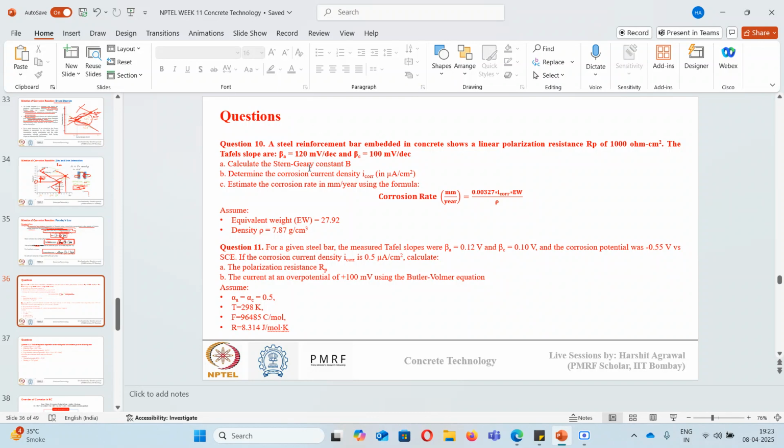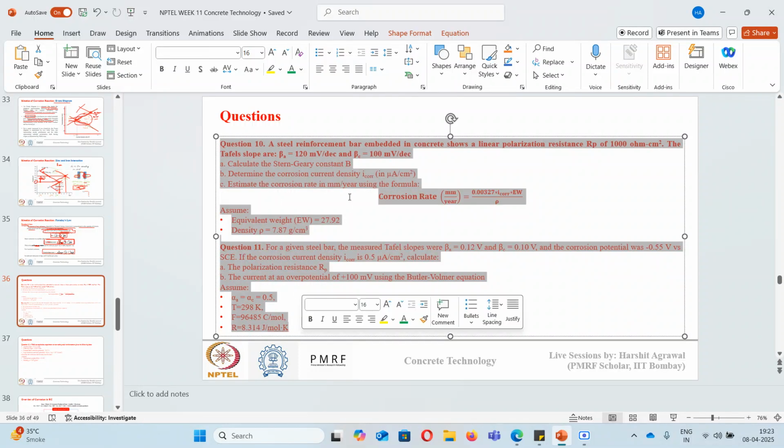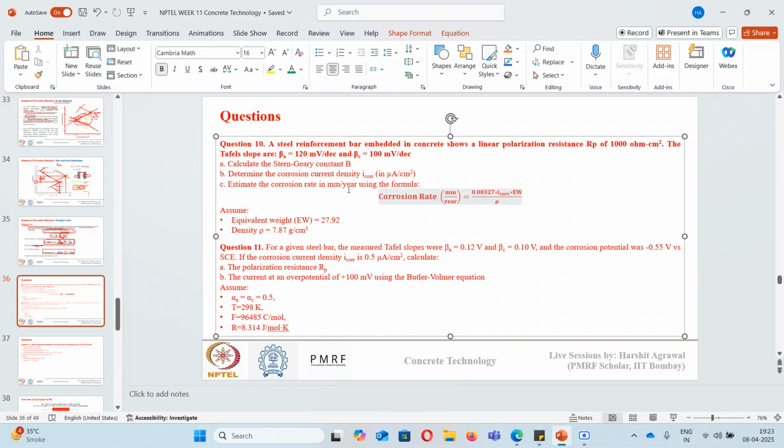So this kinetics part defines what happens after my chlorides have reached the steel interface, when the corrosion rust forms at a particular rate with a particular current density. That will help me understand at what rate the reinforcement is corroding, and if I know that rate, using some complex mathematical expressions, I can predict after how many years the concrete will start to crack. So that is why this part is important to understand.